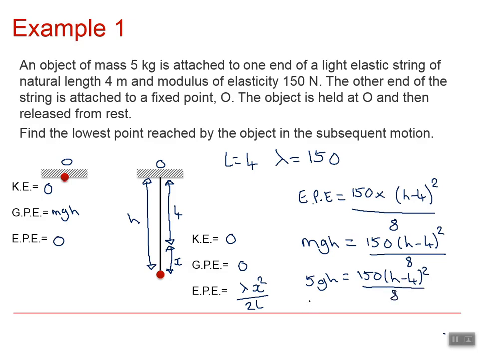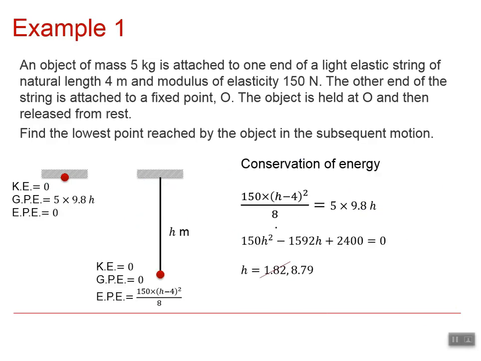Now if we expand this all out, we end up with a quadratic, which is 150h squared minus 1592h plus 2400 equals 0. Now at this point you would solve this using your graphical calculator or your scientific calculator, and we would end up with 2 possible values for h.